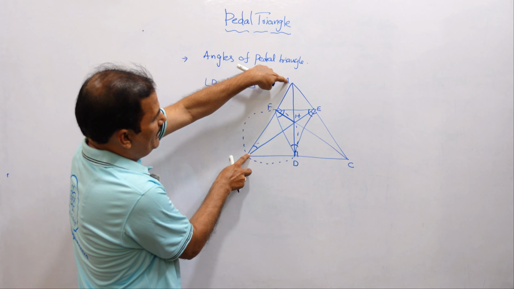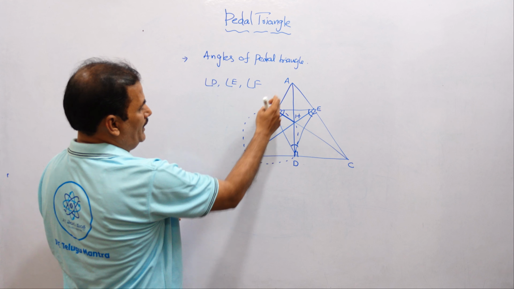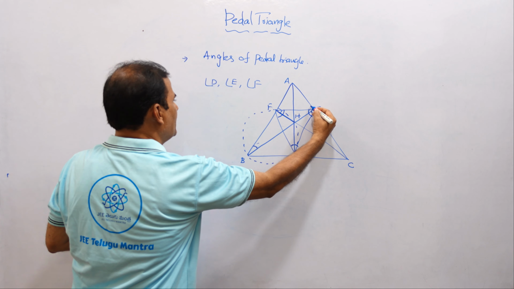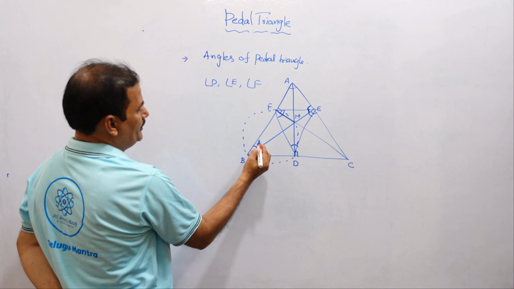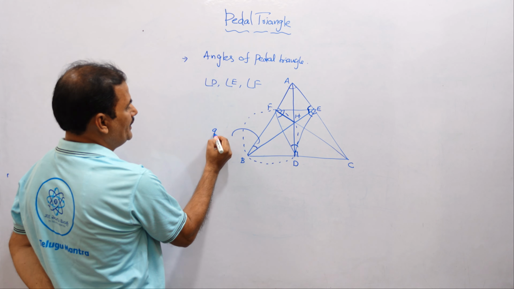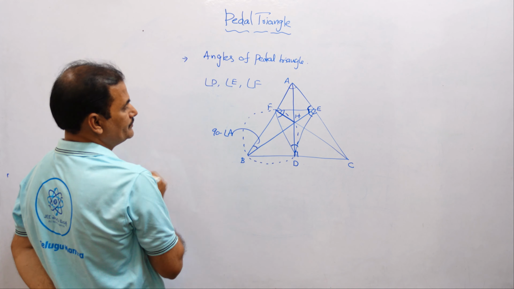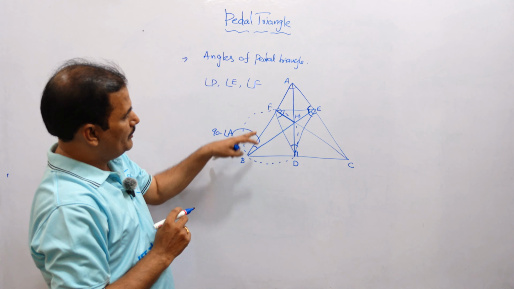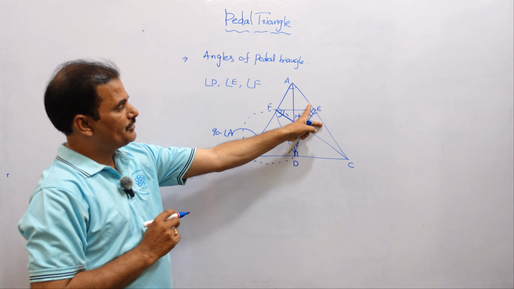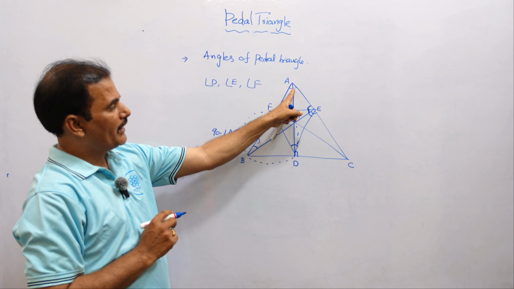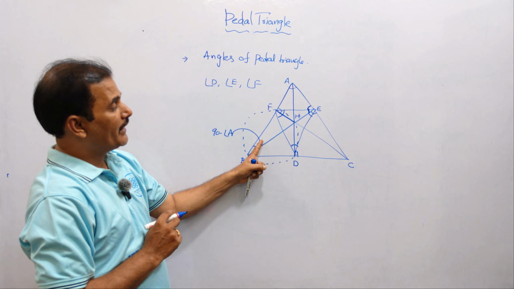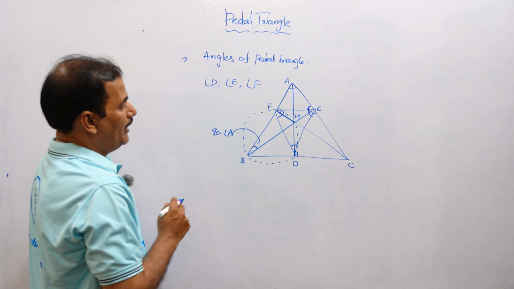See this triangle A, B and E. In this triangle, this is 90 degrees because it is perpendicular, and this is angle A and this is 90 minus angle A. So in this triangle A, B and E, E is the perpendicular here. This is angle A and this angle is 90 minus A.